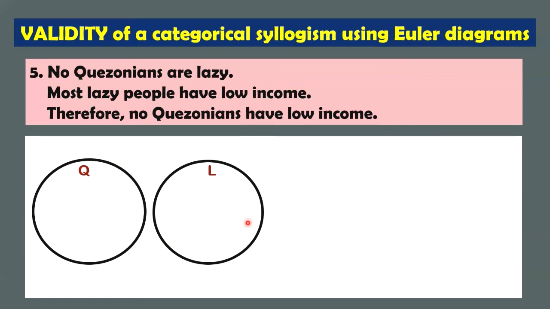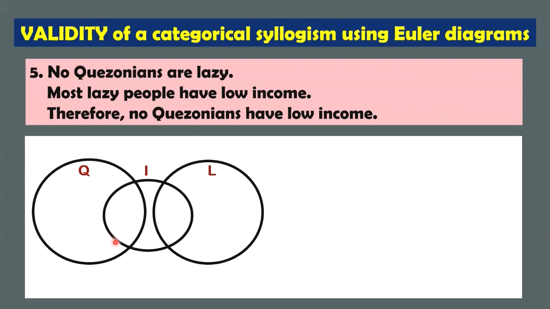So, ito yung lazy people natin. Okay? Sabi dito, some lazy people lang have low income. Okay? So, pwedeng ganito. Okay? Again, this is not the only possible Euler diagram. Meron pa kayong pwedeng maisip. Okay? So, ito lang yung isa sa mga Euler diagram na pwede or possible.